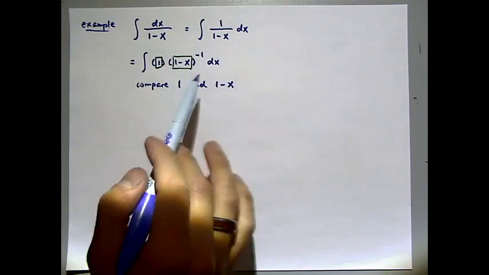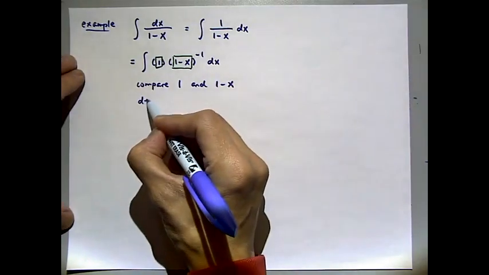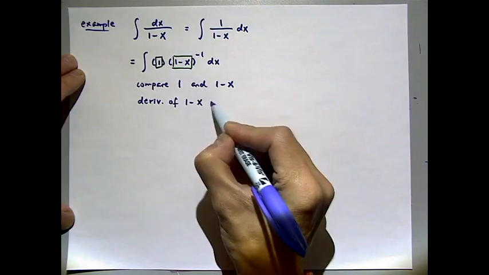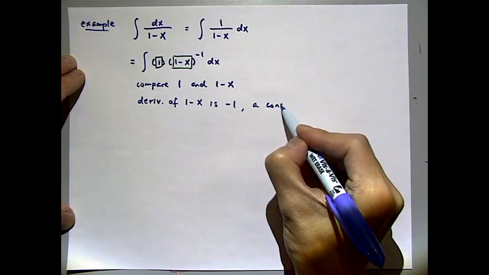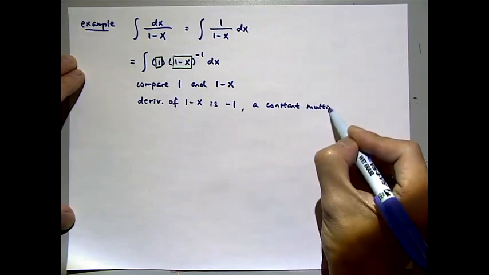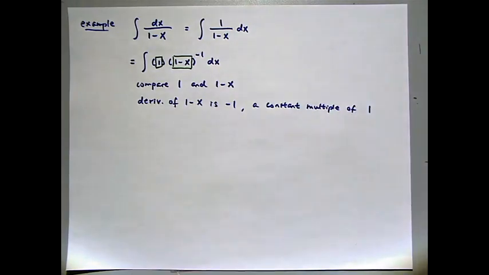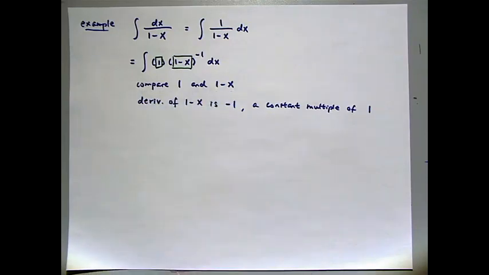So the two parts in the green boxes, just like we saw in the last example: the derivative of 1 minus x is minus 1. And that's, of course, a constant multiple of the number 1, right? It is also the more complicated part. One is simple, and 1 minus x is more complicated than that.